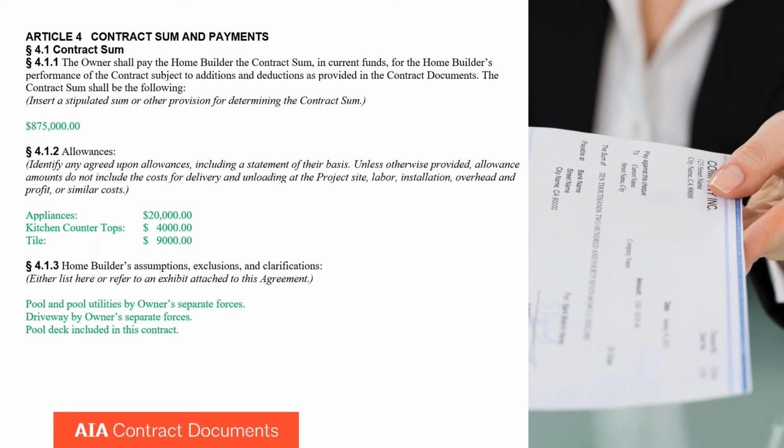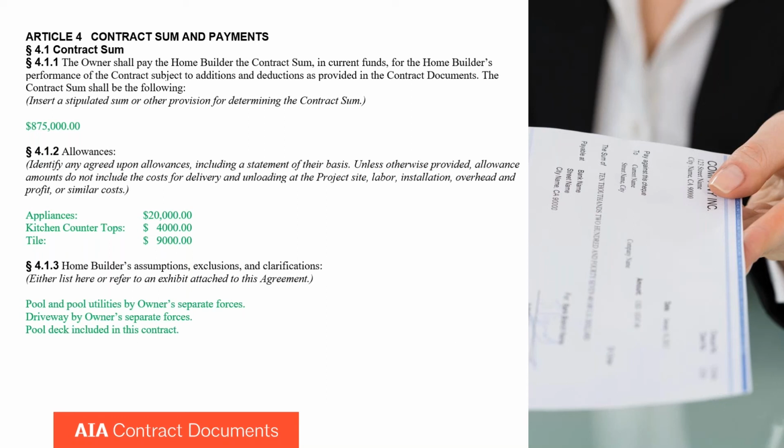And you can charge the owner, for example, if the appliances are $22,000, then you'll send the owner a bill for the difference. The next item is where we identify assumptions and exclusions, and this is important for the contractor or home builder because it's a place where you may have to exclude various things.